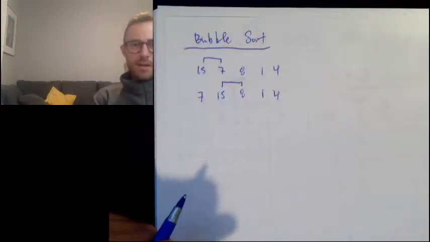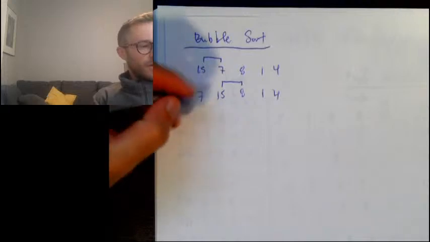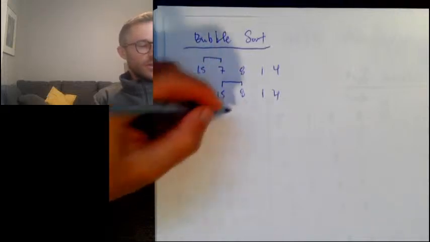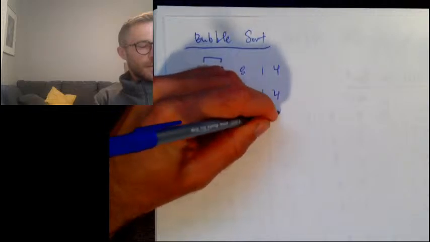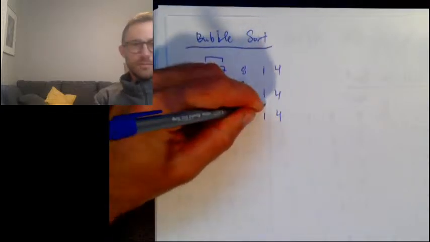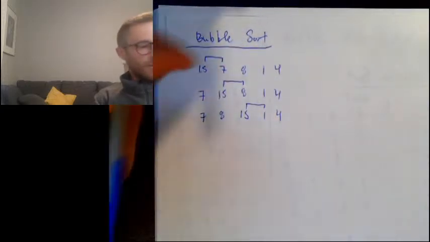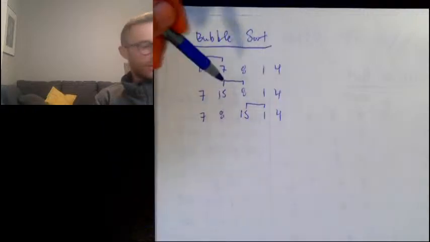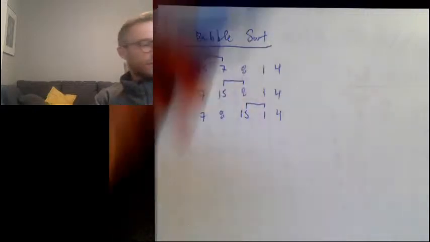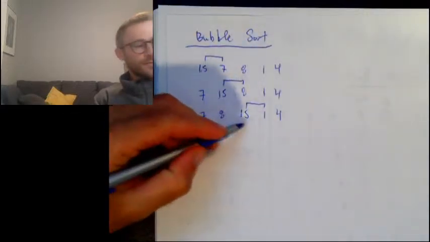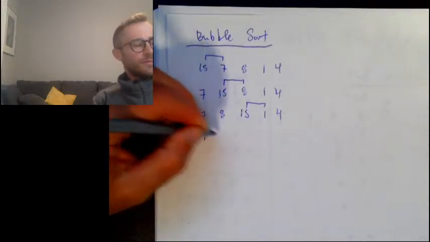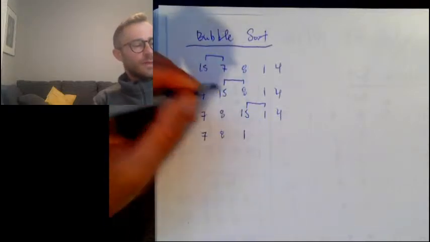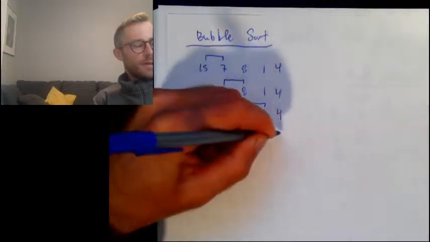And I can see 15 is greater than 8. Now I compare these two. See how I'm comparing the two that are next to each other, and I go down the list. 15 is greater than 1, so I swap them.